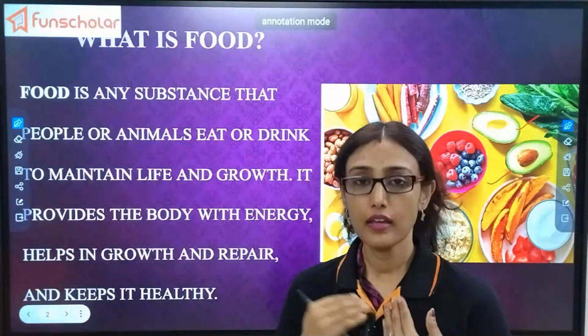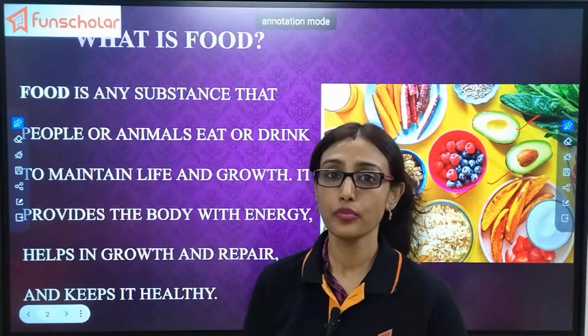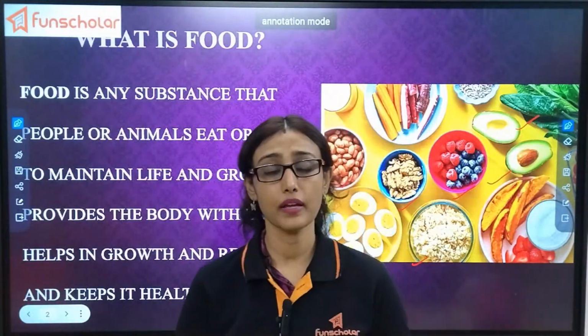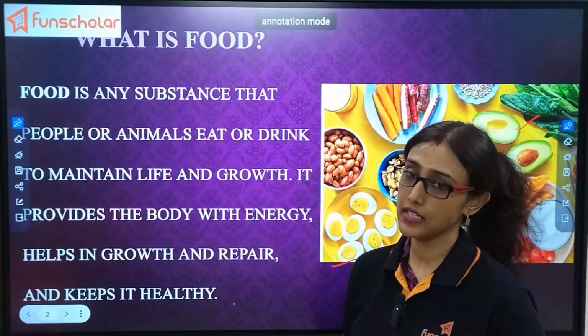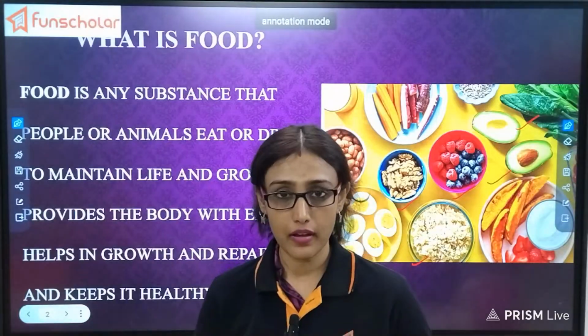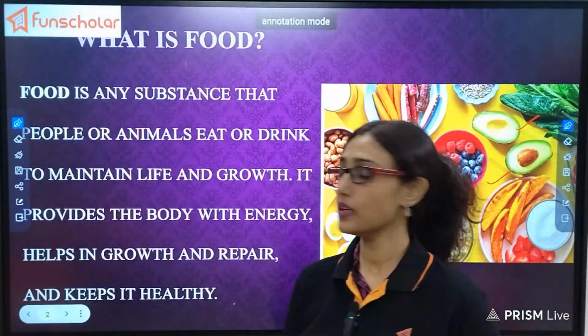Not only we, but every organism in the earth need food to survive. Why? Because food is the basic of our life. It is needed to give energy to ourselves and do rest of the work.